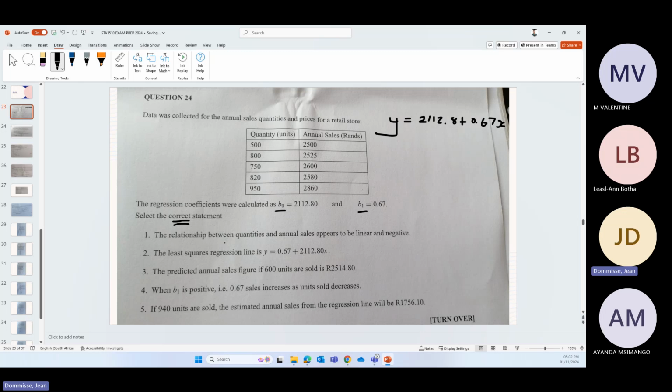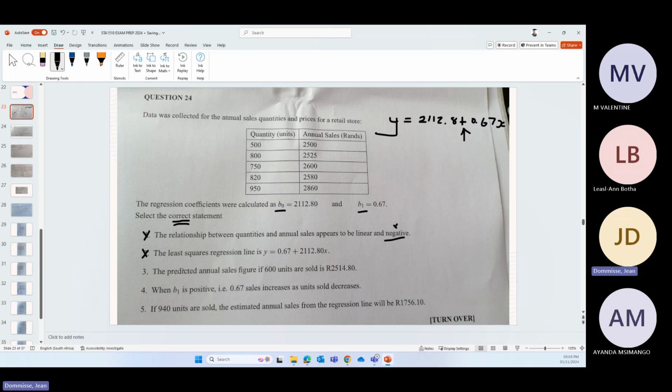The relationship between quantities and annual sales appeared to be linear and negative. Okay, it's positive, so not negative, so that is incorrect. The regression line is, those two should be swapped around, so that is incorrect.